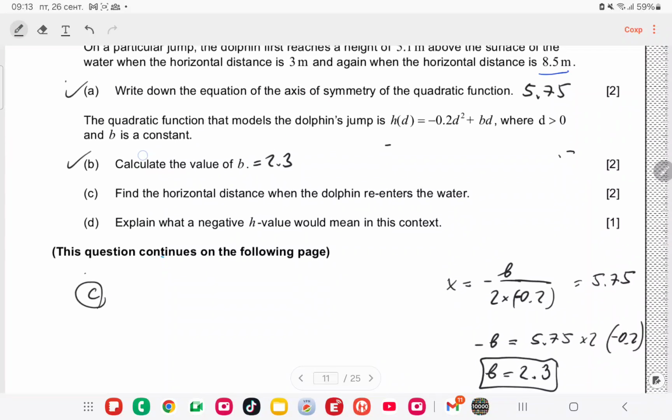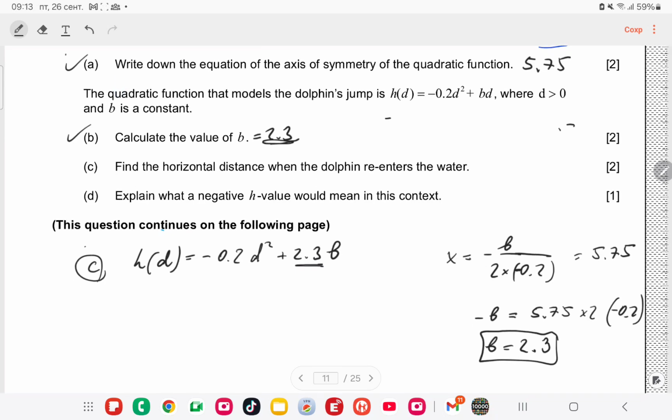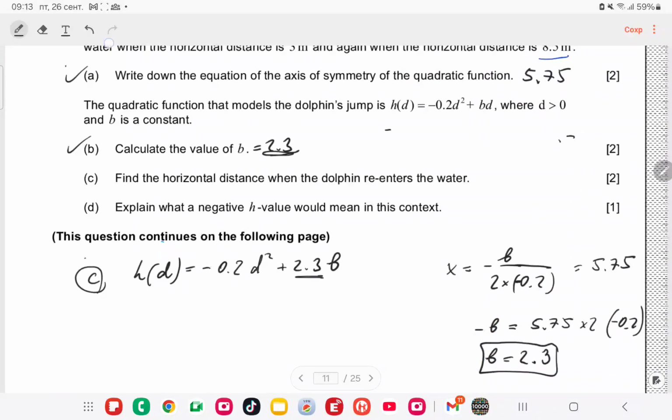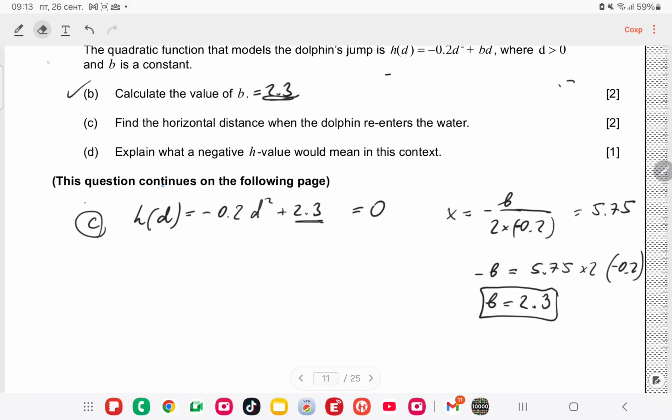So now let's use 0 for the height, and we know the equation. The equation of the height is negative 0.2 d squared plus 2.3 d, which we have obtained, and we should equate it to 0, since our height at this point is 0. It's actually d, not g. Let's solve this equation.